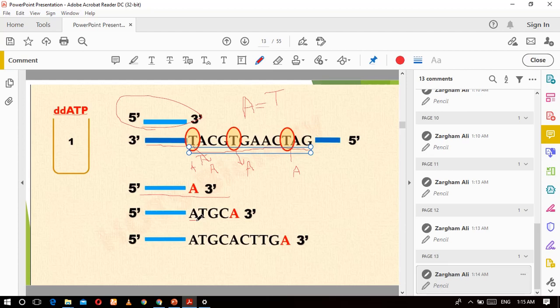Then A came again because T is there and T is complementary to A.